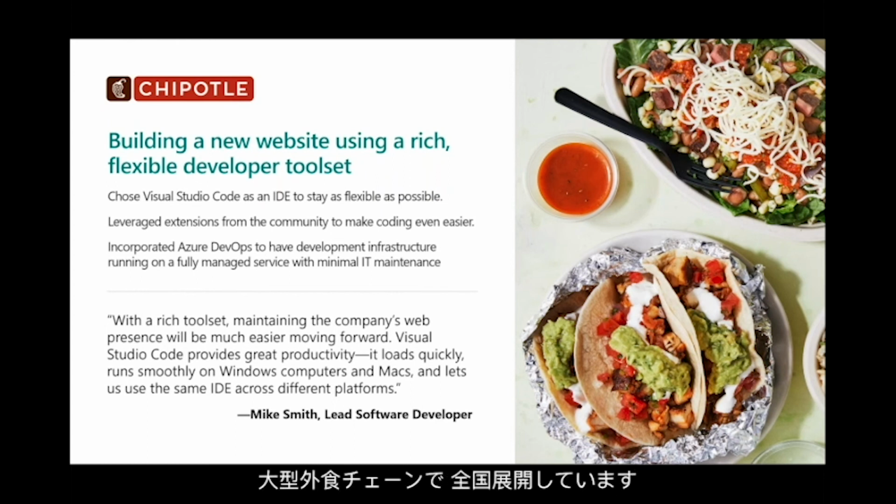It's a big food chain, which I think has several outlets across the country, and they built a new website using Azure, using VS Code, as well as incorporating Azure DevOps into their whole environment. So which means it's a fully managed service now with minimal IT maintenance. They've also managed to move off their own data center.